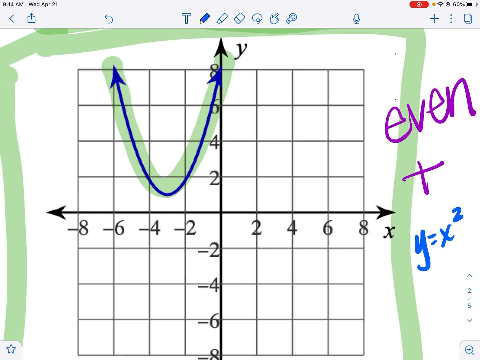I can tell that the vertex for this has moved to the left 3, and it is moved up 1. And so in adjusting my equation, I would take my parent function and I would, to the left 3 means I put it with my x and its opposite. And then I put my plus 1, and that's all I have to do. That's my equation.